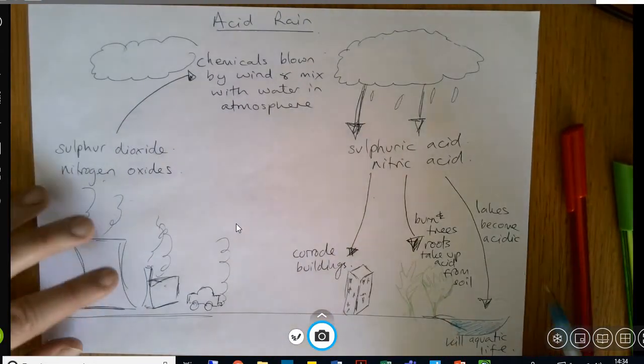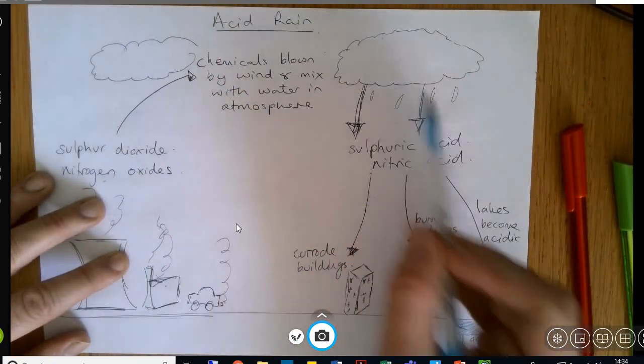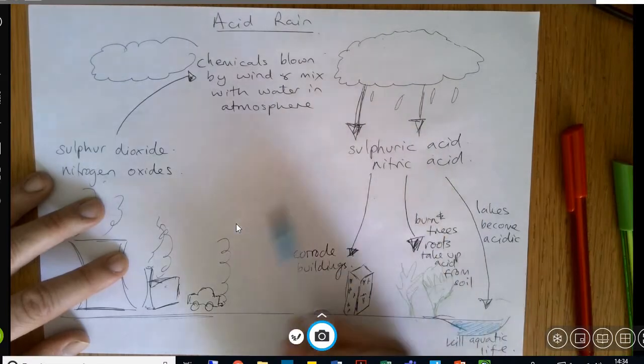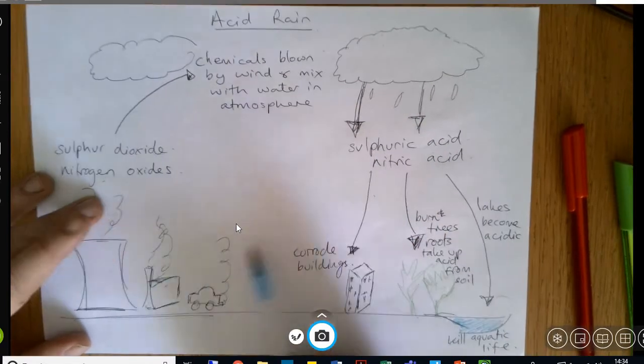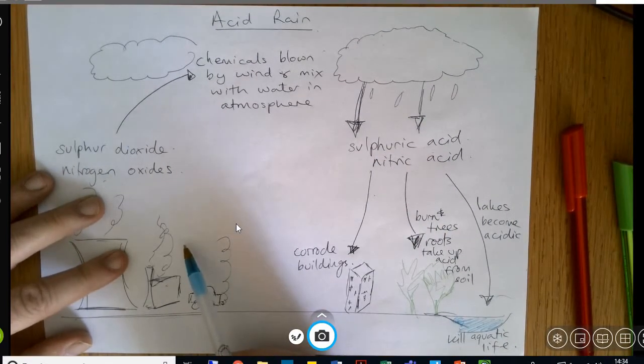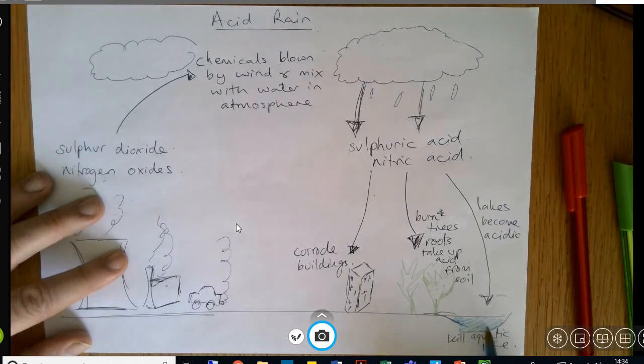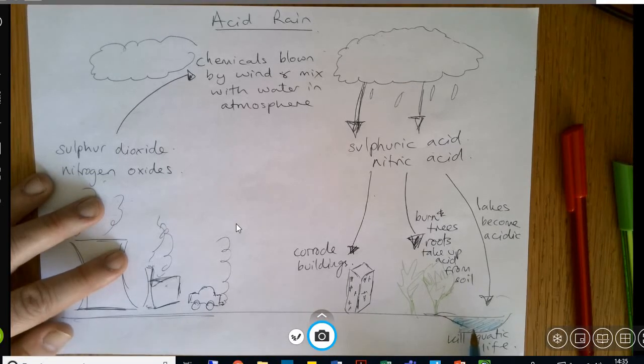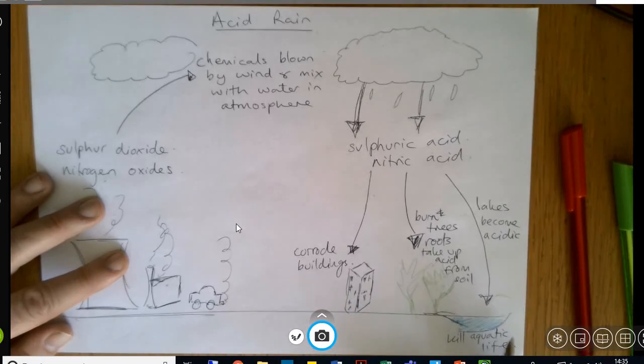Now, that's our look at air pollution in some detail. I've talked about land pollution, and I've touched on water pollution. And what I want you to do as a follow-up to this, and I'm going to put all the information about what you need to do into a separate document on Go for Schools, is go and research and then produce the process of eutrophication.